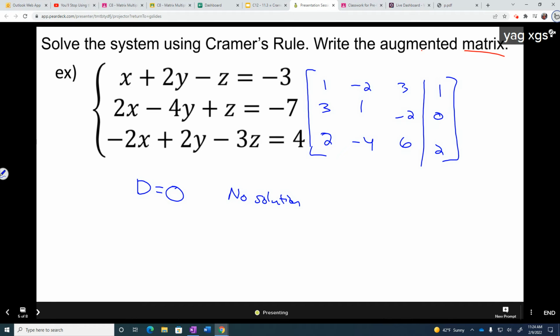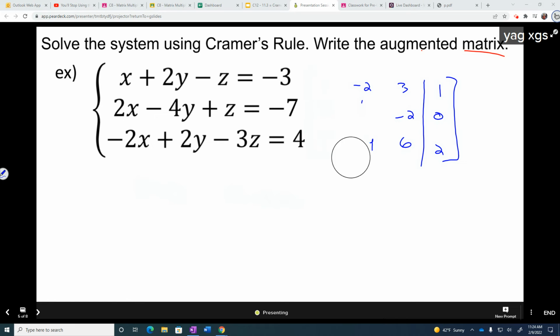All right, let's try one where you do get a solution. We'll do it together, and then you have a lot of time to work on this.